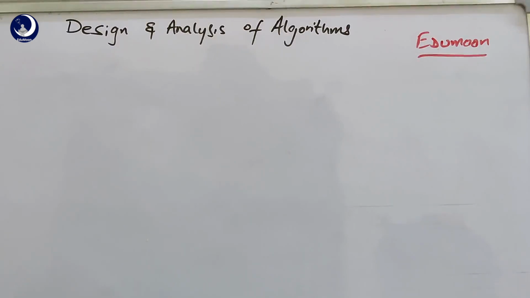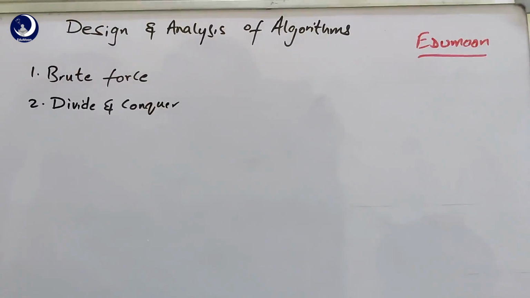The different techniques that we discuss in this subject are: the first one is the brute force technique, which is the simplest technique of all. The next one is the divide and conquer approach, which is very important and mostly used in designing algorithms. The next one is the decrease and conquer technique. This is also a slight variation of the divide and conquer approach, but it has interesting variations, like decrease by a constant, decrease by a variable size, and decrease by a constant factor.